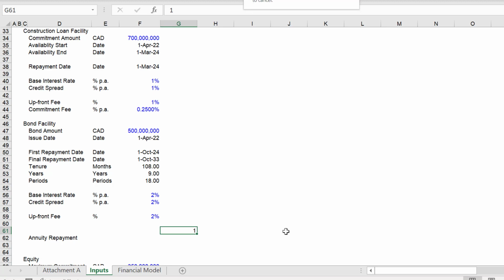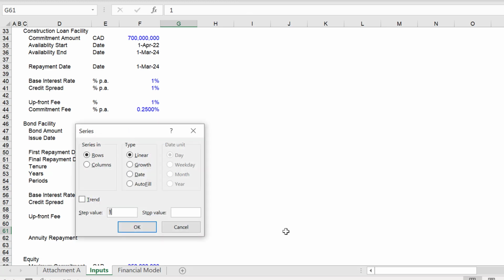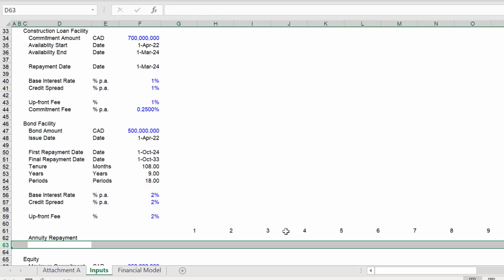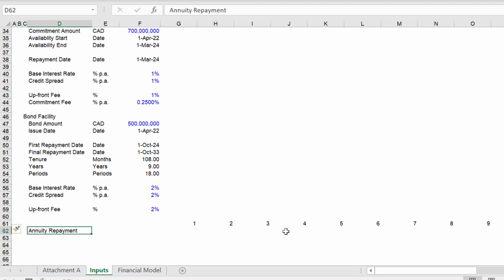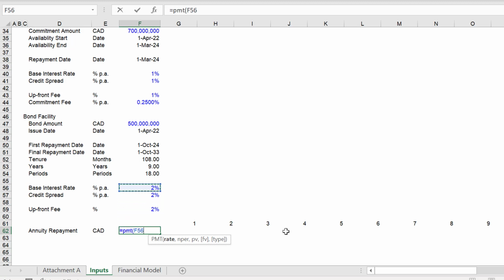There are going to be 18 periods, so let's put 18 periods in here, and then we'll make a little table, and then we're going to count the semi-annual periods. I'm sure there are other ways to do this. Then we'll put a PMT, and for the payment, we're going to take the interest rate, which happens to be 2%, but let's put 2% plus 2%.